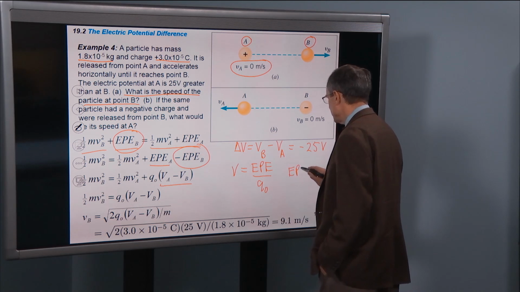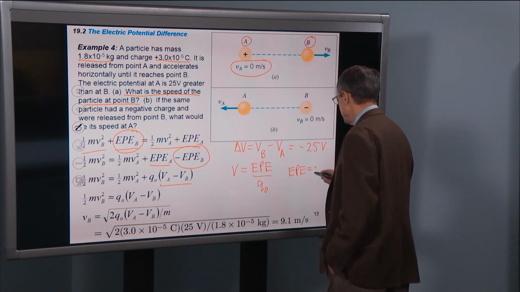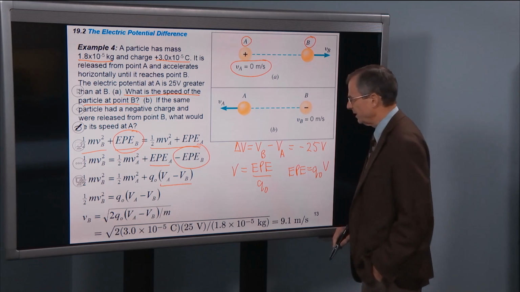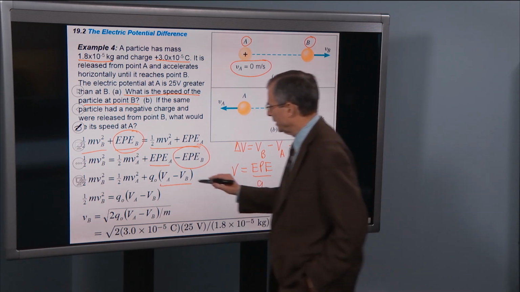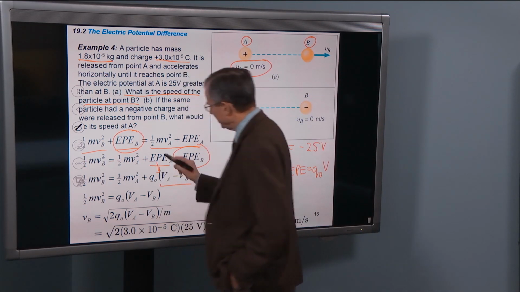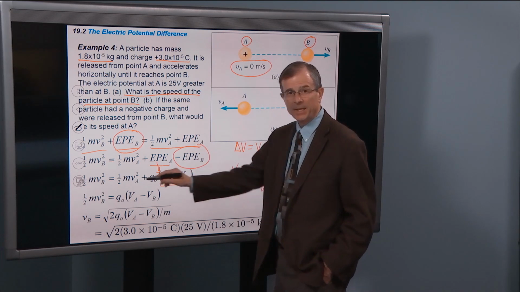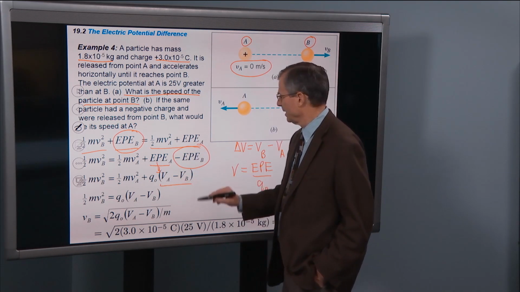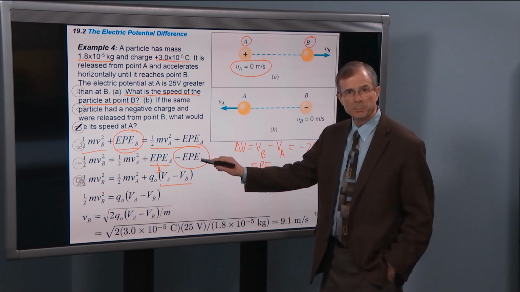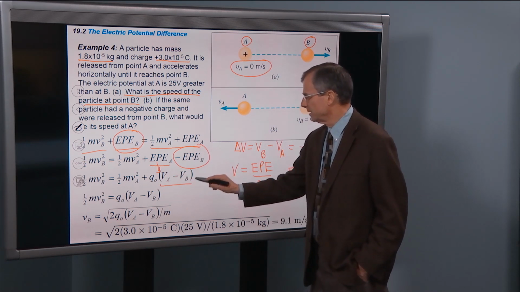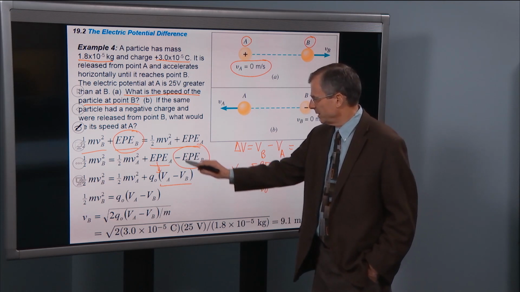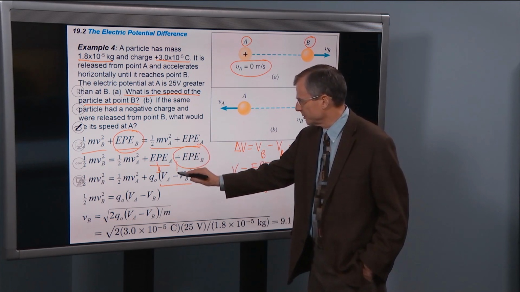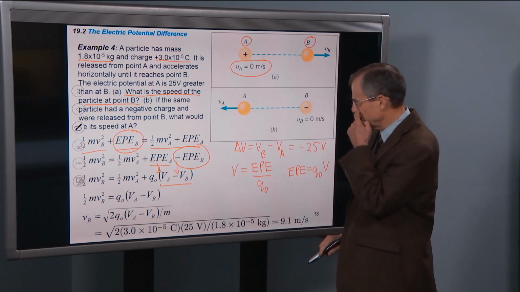Therefore, the electric potential energy is Q naught times V. So that's exactly what I've done in getting from here to here. The electric potential energy at A is Q naught times VA, and the electric potential energy at B is Q naught times VB. But there was a minus sign here, and that minus sign just comes along for the ride. Nothing more fancy than that.